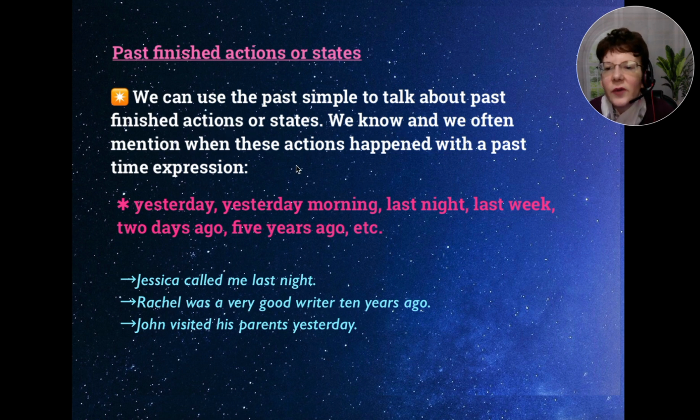We often mention when these actions happen with a past time expression. So some examples are yesterday, yesterday morning, last night, last week, 2 days ago, 5 years ago, etc.